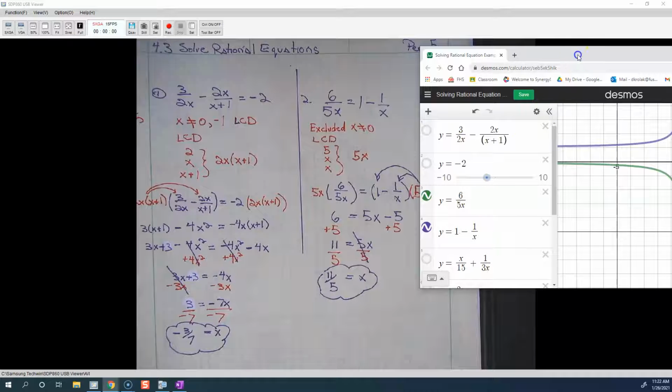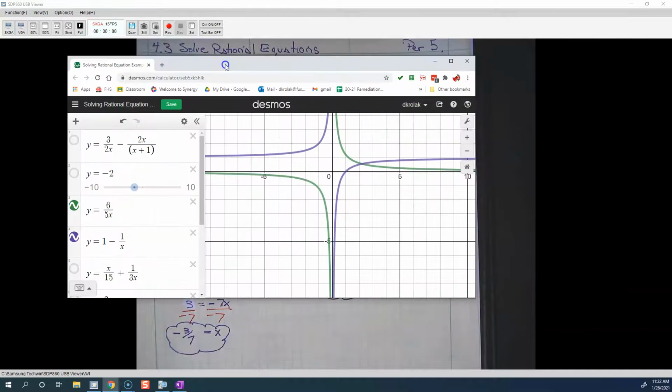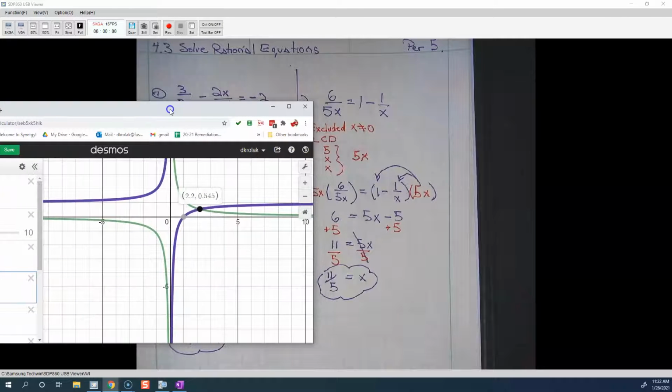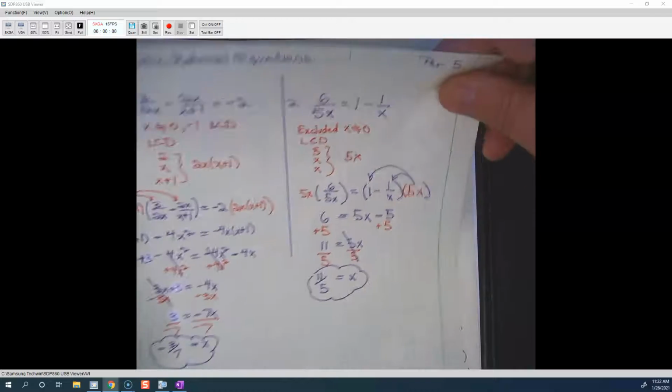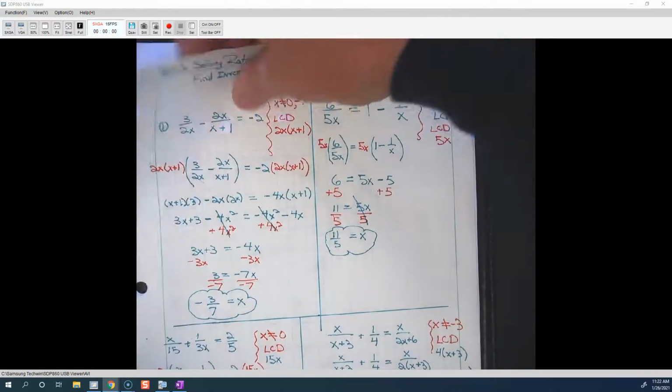And now I'm going to look at where those cross. They cross at 2.2, which is the same as 11 divided by 5.